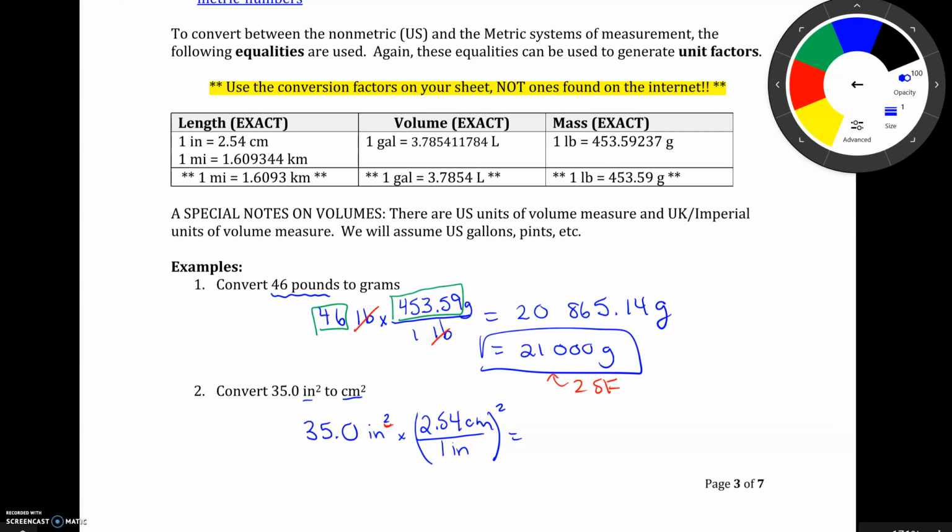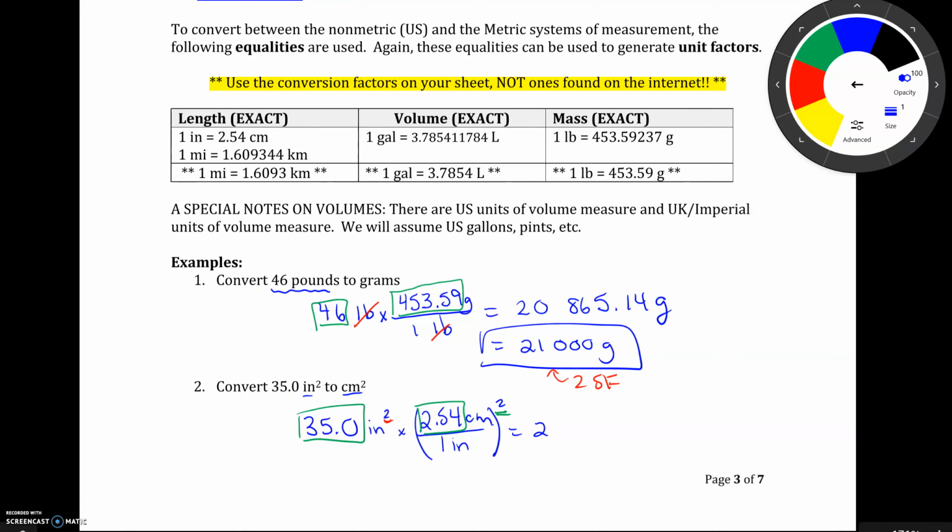So into my calculator, I'm going to put 35.0 times 2.54 squared. We square the conversion factor when we're converting squared units. I press equals, and it comes out to 225.806 centimeters squared.